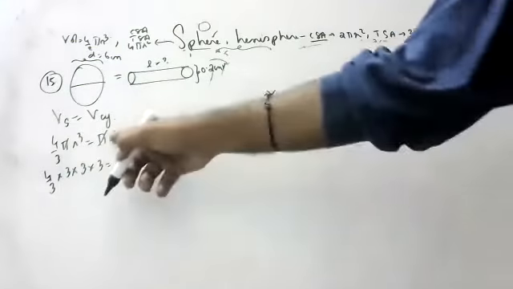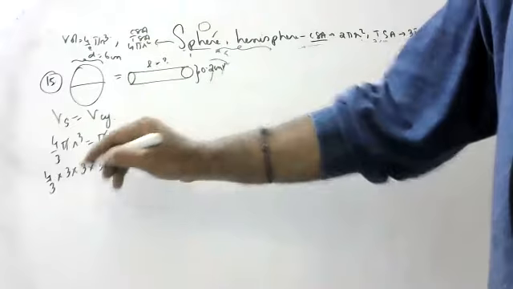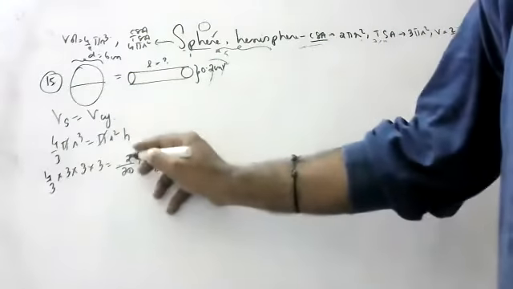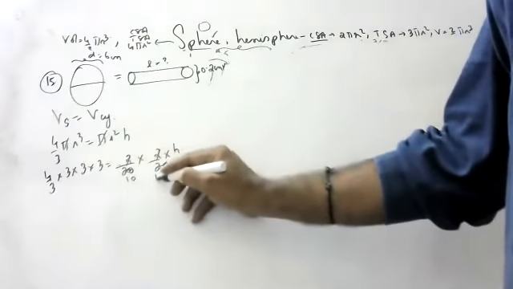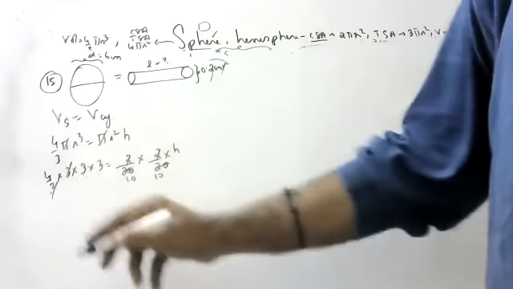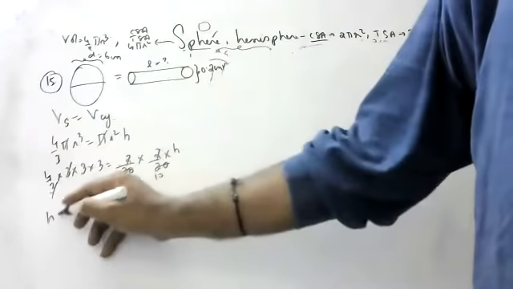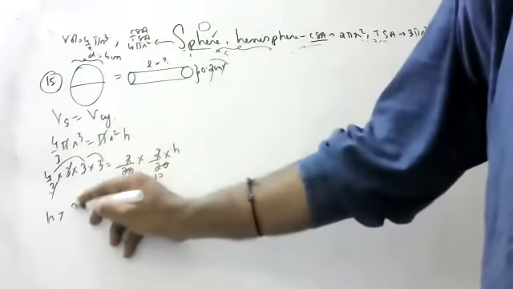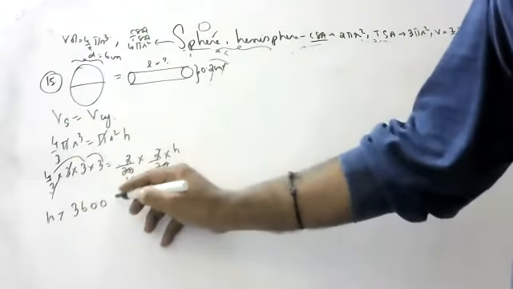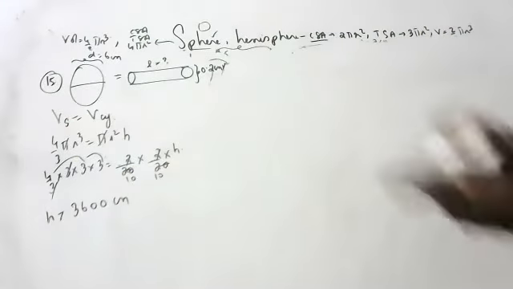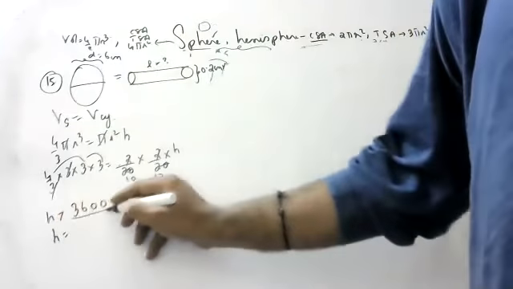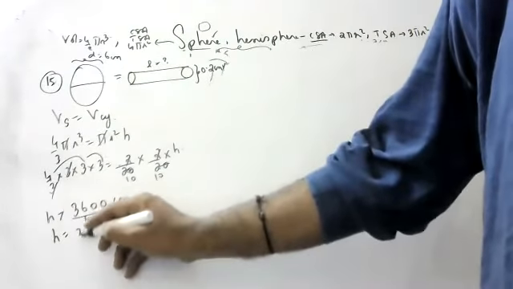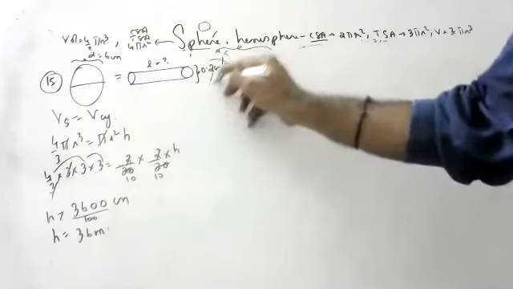If you remove point 0, 2 tenths, 2 tenths, 2 tenths. 3 3 cancel. So 4 3s are 12, 12 3s are 36. 36 into 100 is 3600 centimeters. Centimeters to meters, divided by 100. 36 meters is the length of the wire made.